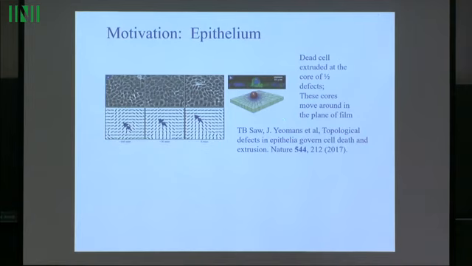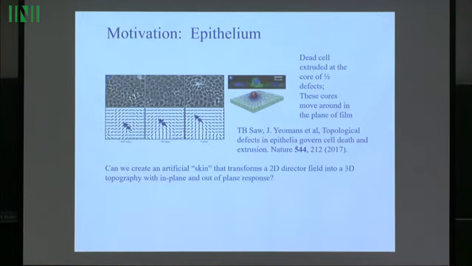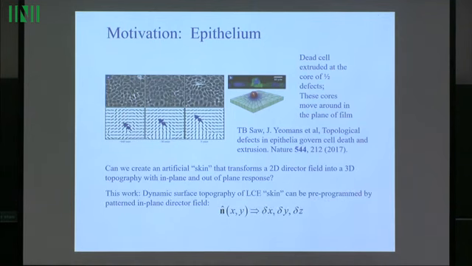So the cores of the defects serve as the ejection place for the dead cells out of the epithelium. So we thought that maybe if we could pattern these elastomers with in-plane director field that contains disclinations, we can somehow translate the two-dimensional information into the three-dimensional profile of the material.